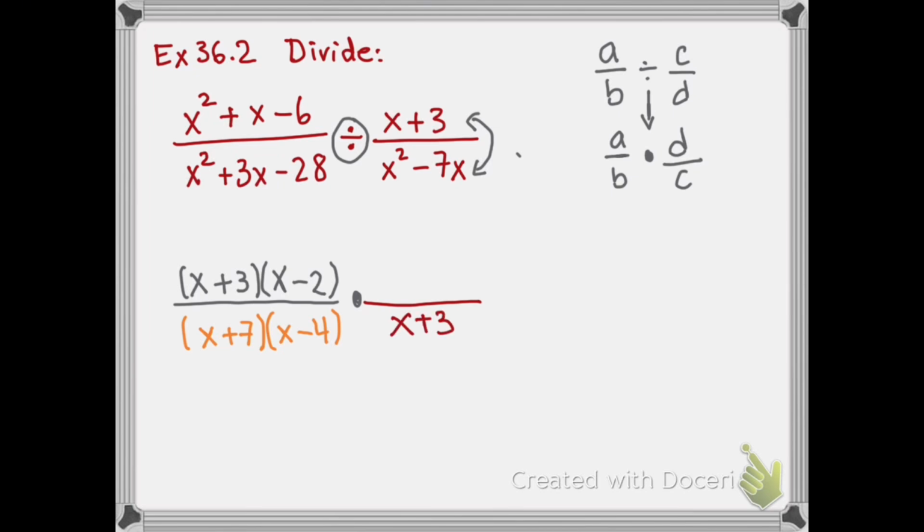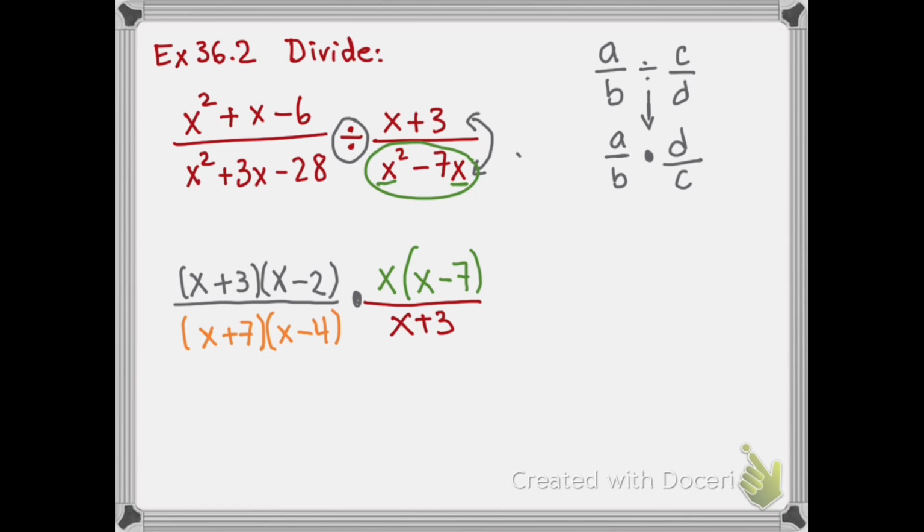Now, notice that is a number that we cannot factorize, so we leave it like that. And the last one is x squared minus 7x. That, you should notice, is not a trinomial. It is a binomial that has a common factor. So what we have to do is first factorize the common factor, which in this case, if we get x as our common factor, we're going to have x minus 7 as the non-common factor.